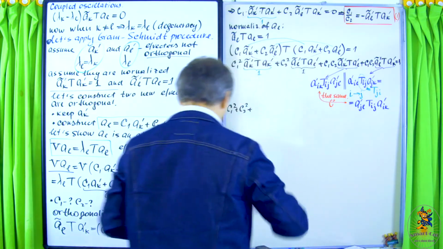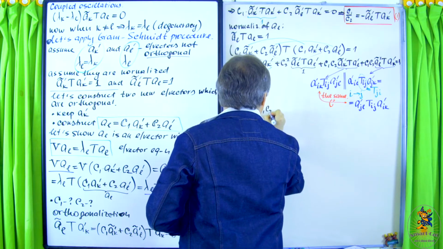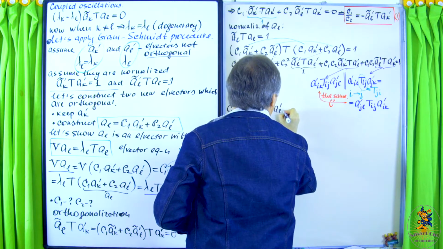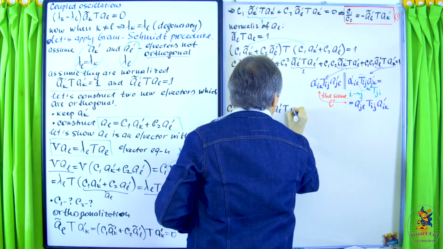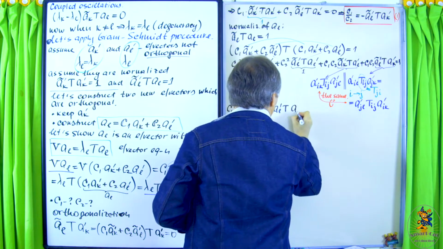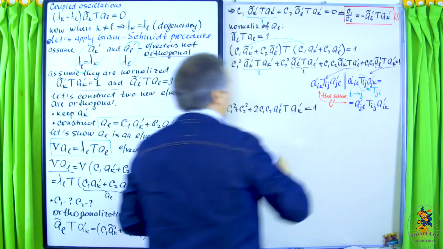So it will be plus 2 C1 C2 AL prime transposed T AK prime, and it is equal to 1.